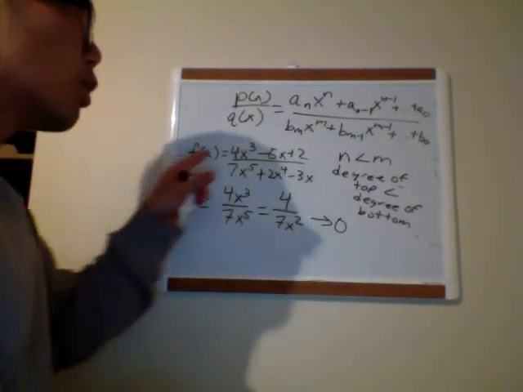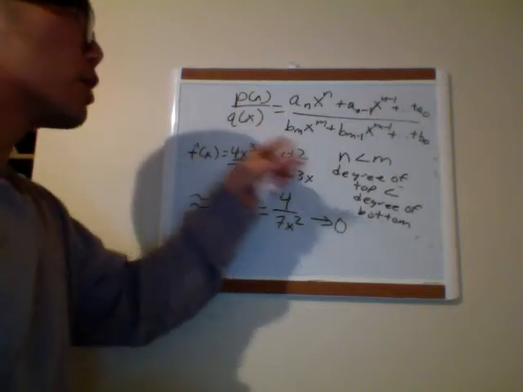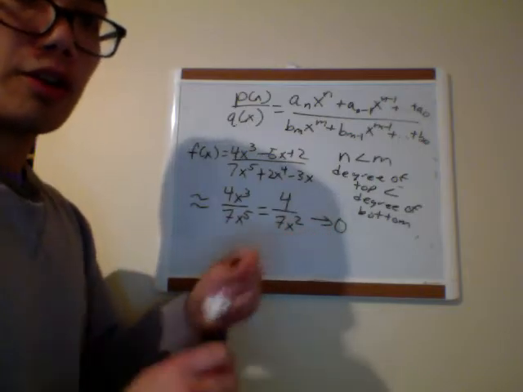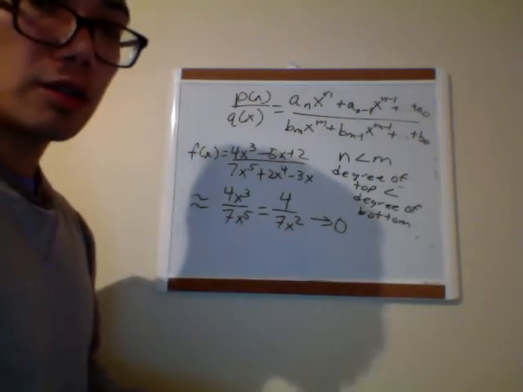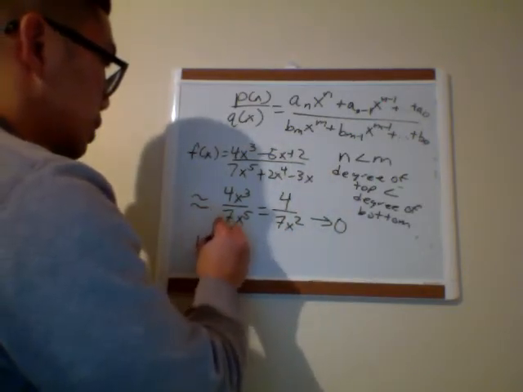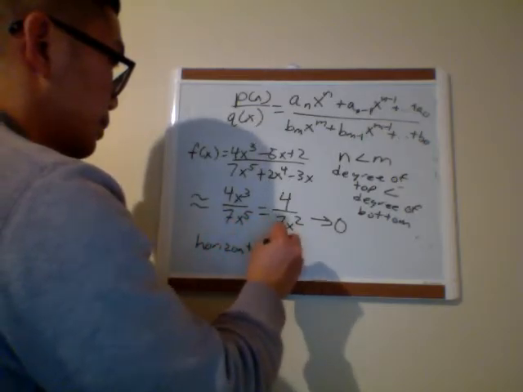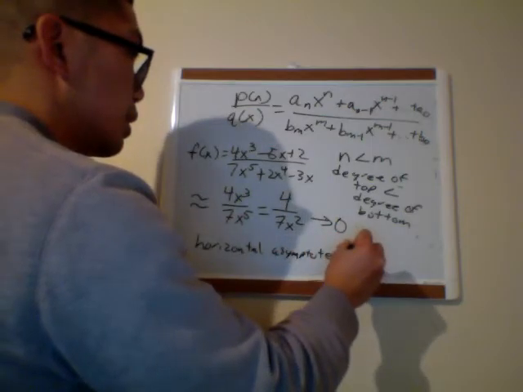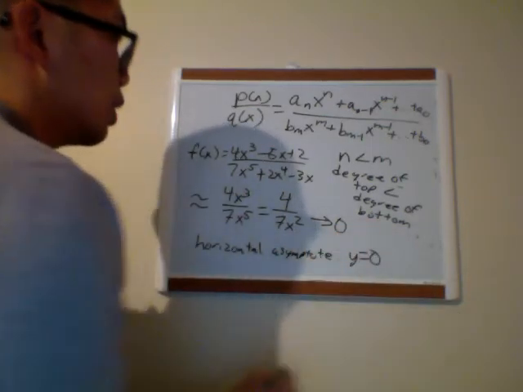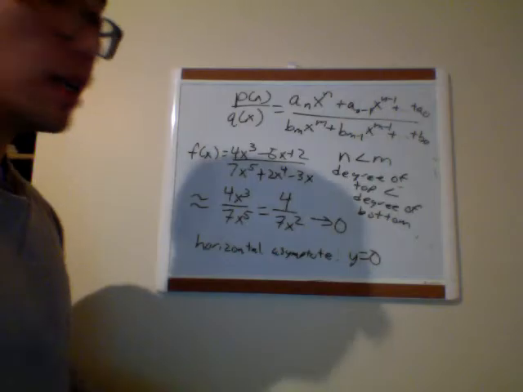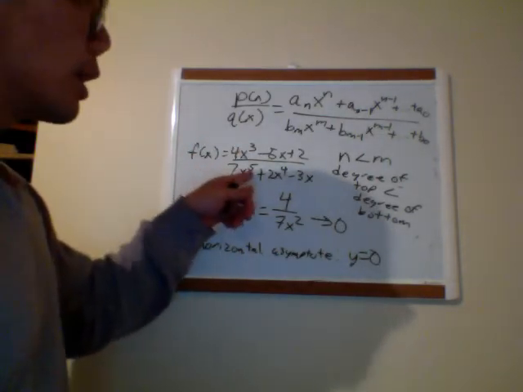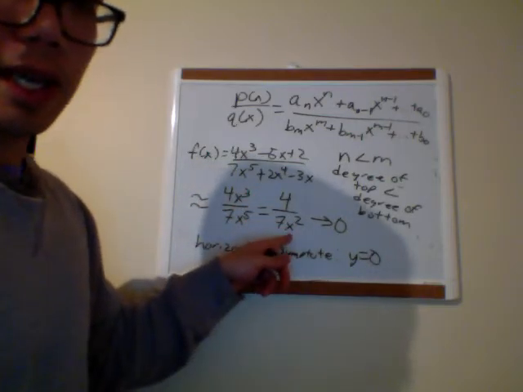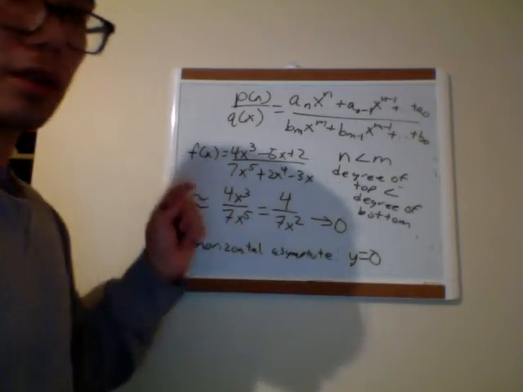So whenever you have the degree on top less than the degree on the bottom, you always have a horizontal asymptote at y is equal to 0. No matter what. This could be to the second power over the 10th, and this will end up as something over something to the 8th power, and that's still going to approach 0.